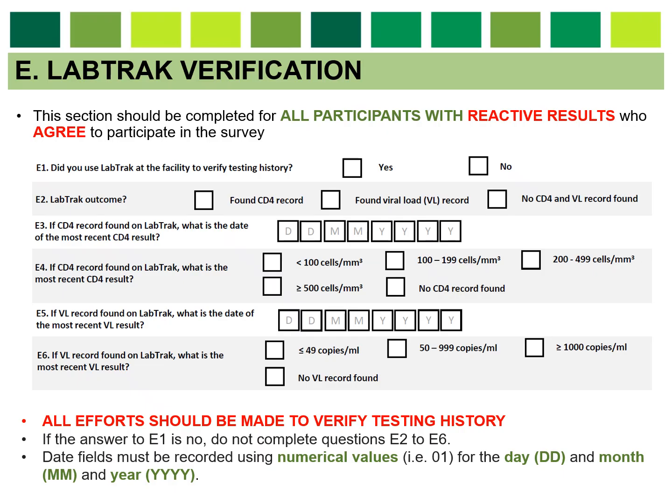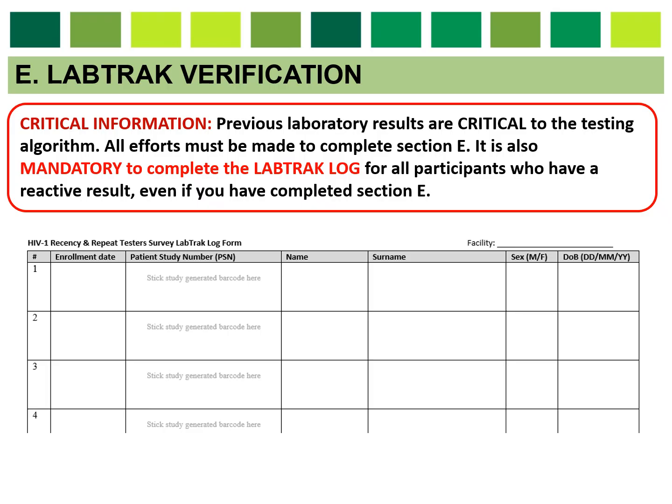Please make all efforts to verify the testing results so that we can know which category that person fits into. But as a backup for this, we also require that you complete the lab track log. This is for our team in Joburg to go and verify those results in lab track and just to make sure there is alignment. So this is critical information. As I mentioned, this is so that we know which category each person fits into.